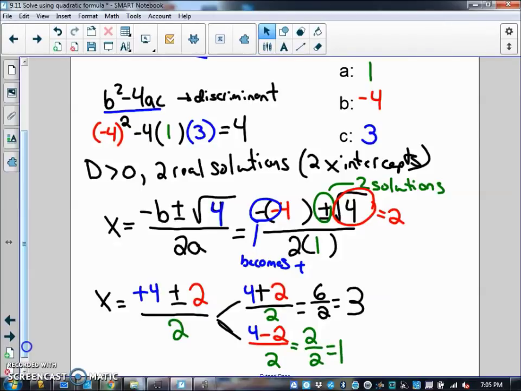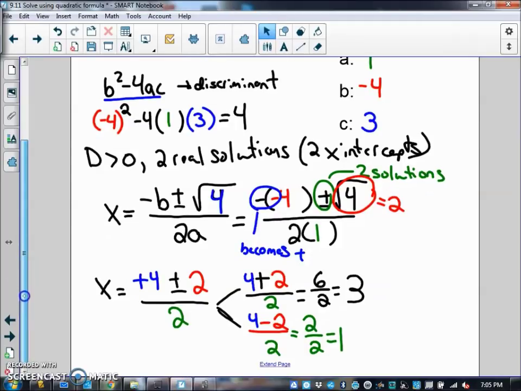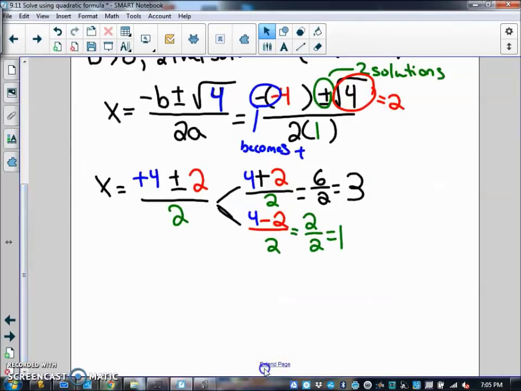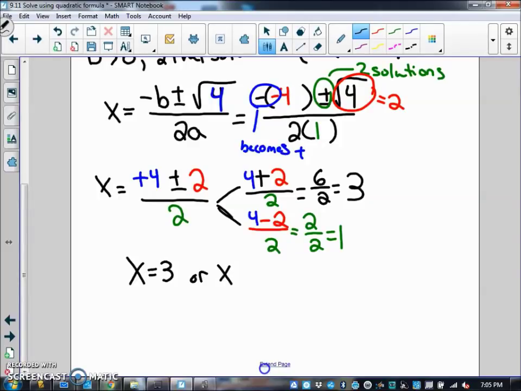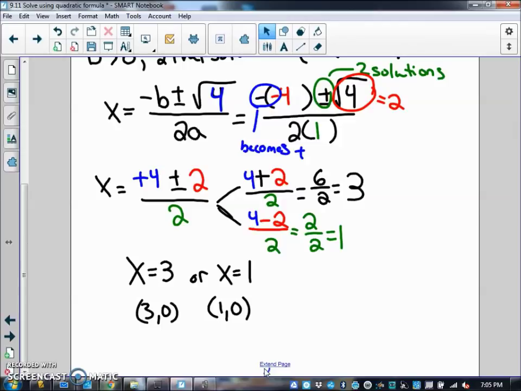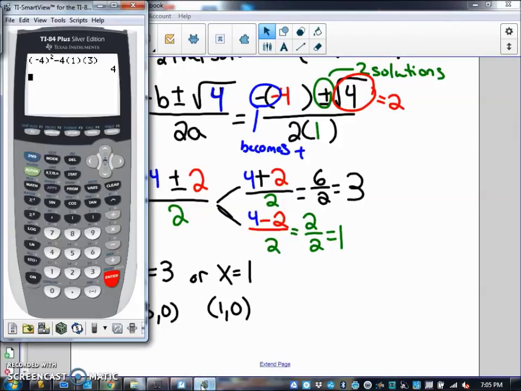So my solutions here are x is equal to 3, or x is equal to 1. Or I could even say 3, 0, 1, 0. Since both of these solutions are whole numbers, they're very easy to check. I can go to my calculator here.